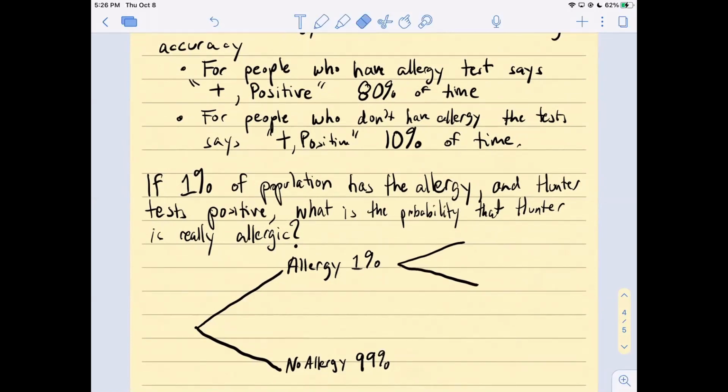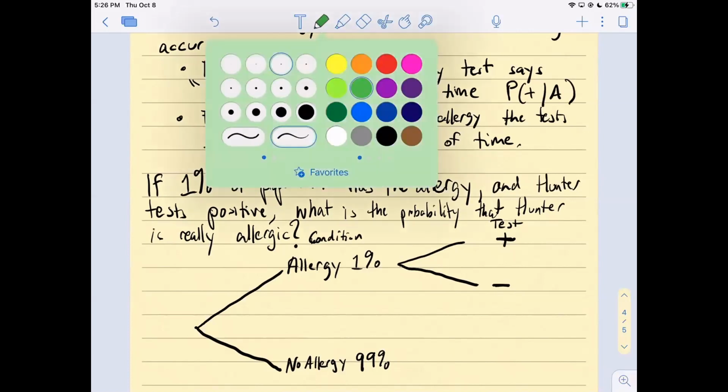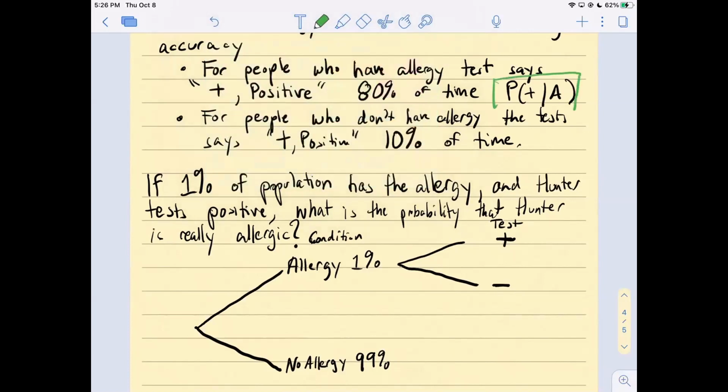So I'm just going to do tested positive or negative on the test. So this is the test, and this is the actual condition. And what they told us here is that this is the probability of a positive given that you have the allergy. With these problems, I really don't like to go too much into the formula, because if you just memorize how to use the formula, it's actually really quite confusing.